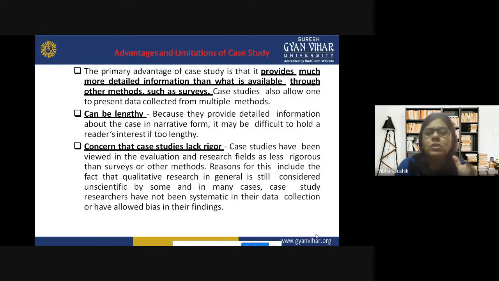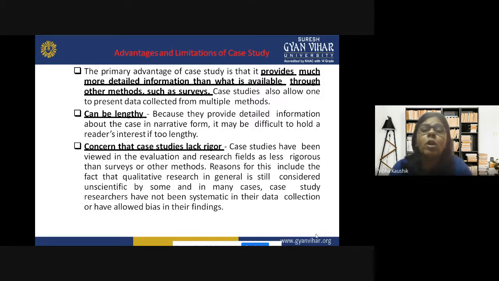Means the information that we are able to get through surveys is not detailed, but when we are using the case study method, we will get detailed information related to that particular event.